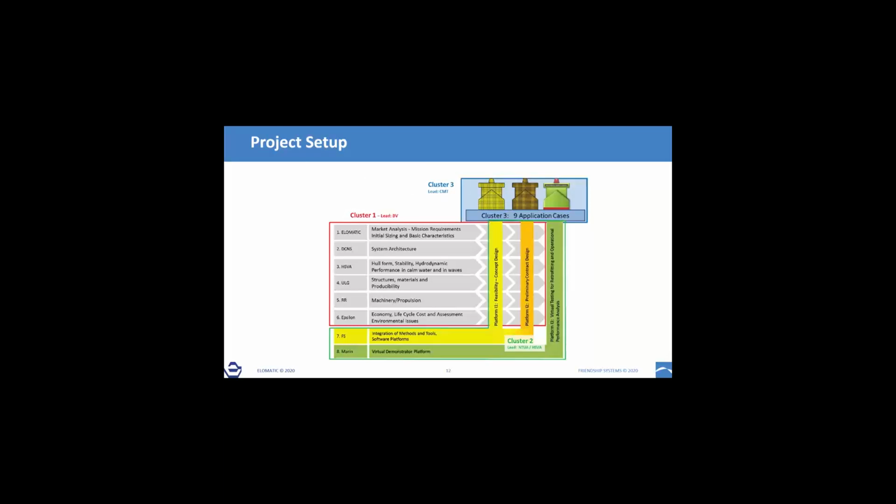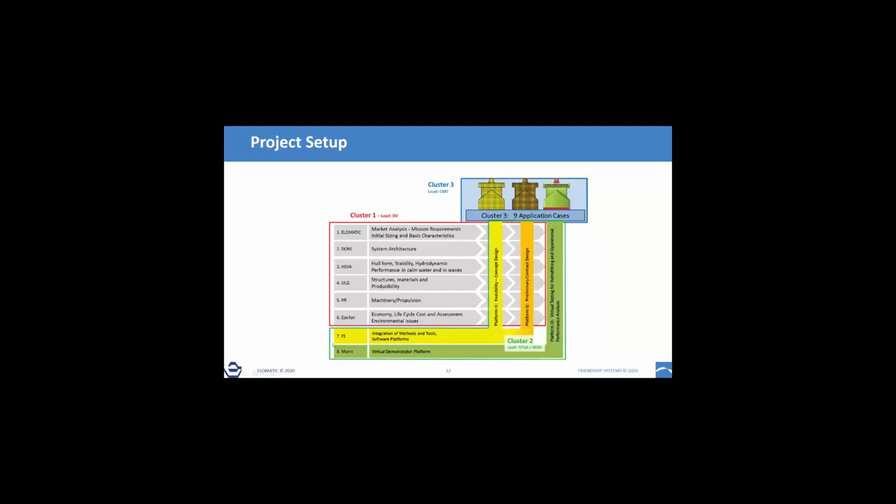Just briefly about the structure of the project, without going too much into detail, we have in the HolyShip project six work packages. These are the gray ones that dealt with the development or further refinement of specific tools that are used in the process.